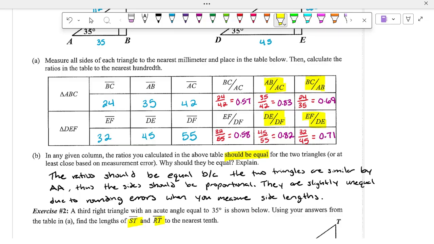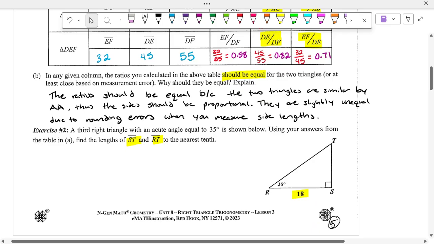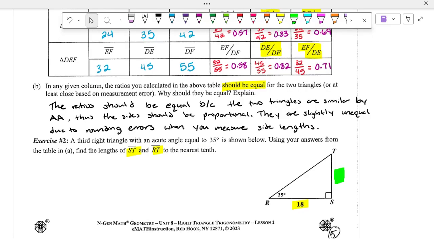All right. So if I want to find ST, which proportion would I use? So in other words, we have to use RS in it, but what order will we do? Will we do ST over RS or RS over ST based off of what we have up here?